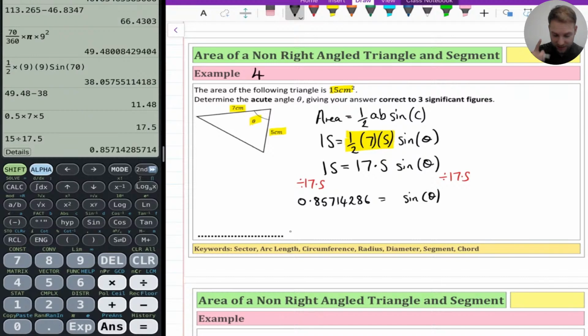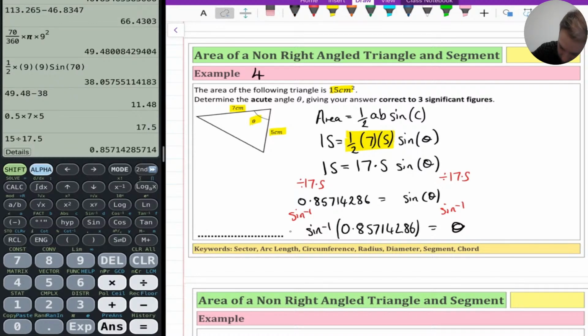The inverse of sine is sine to the minus 1. That's how we do this. We're going to be doing sine to the minus 1 of this number here, 0.8571428, is equal to theta. That's how we get rid of that sine on the right-hand side.